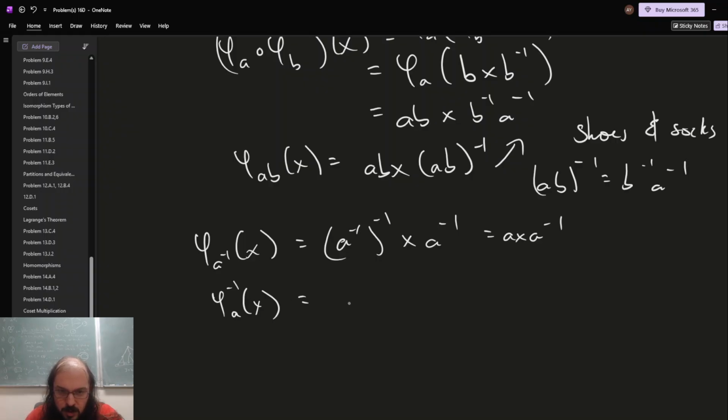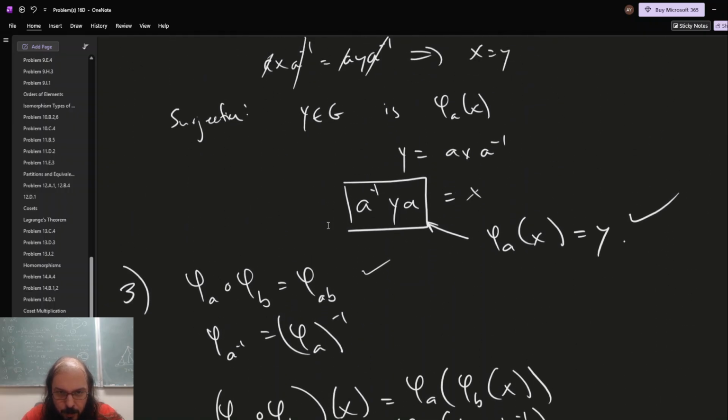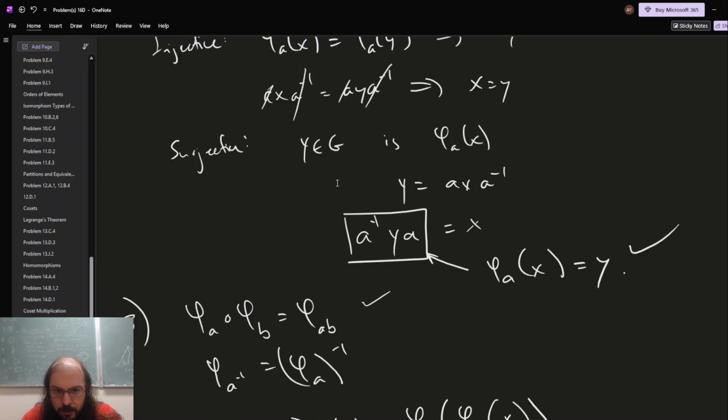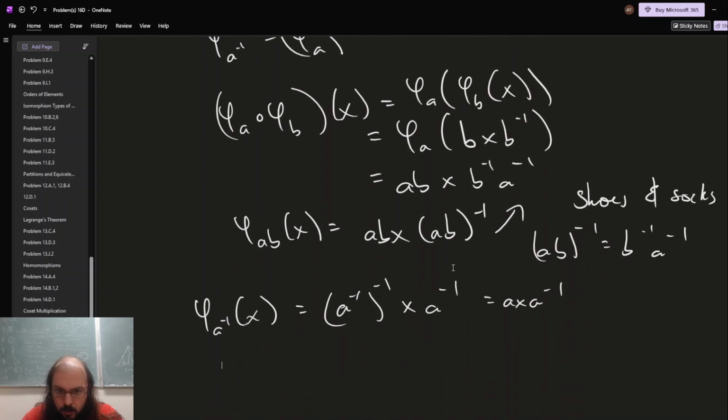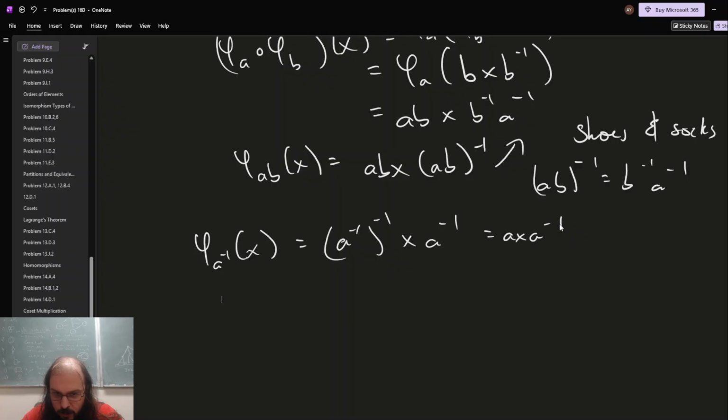So the inverse permutation, well, I'm not sure how to say this. In light of what we said about surjectivity, right up here, we calculated that if I plug this in to phi a, I get back the desired y. Well, this is the same form, right, with the inverse on the right.